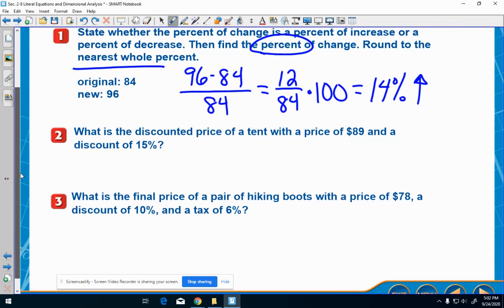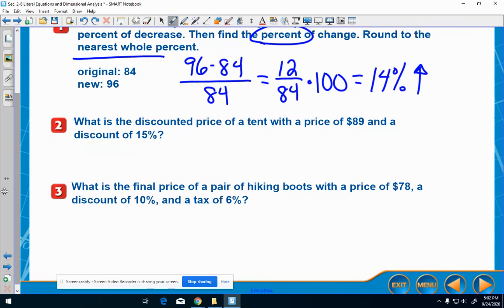All right. Question number 2. What is the discounted price of a tent that was originally $89 and now has a 15% discount, meaning 15% off? We showed 2 ways yesterday. I'm going to turn 15% into a decimal, so 0.15 multiplied by $89 gives me $13.35.